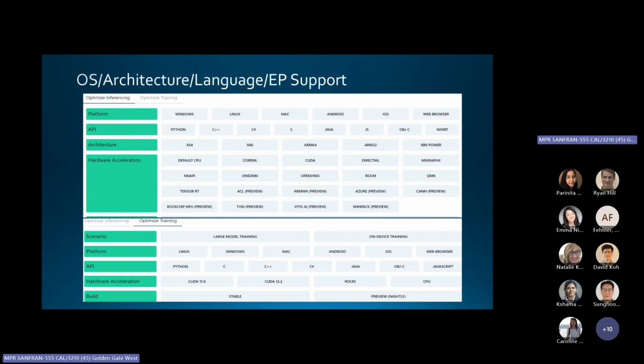For inference, we have Windows, Linux, Mac, Android, iOS, and your web browser. ONNX Runtime will run there. We also provide APIs for all the popular languages. These are our officially supported ones. There are many APIs supported by third-party people, and a lot of them are here.